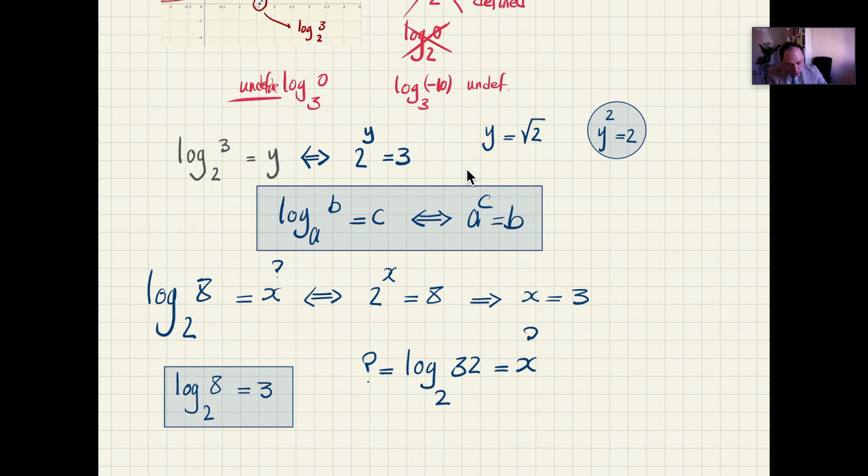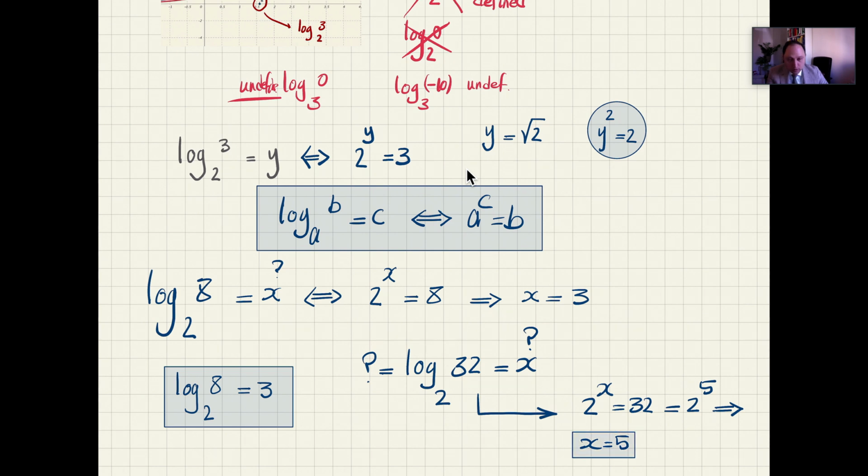I still don't know x, but I know the definition of the logarithm. This would imply that this to this power is equal to that one. So 2 to the power x is equal to 32. And hopefully you know 32 is 2 to the power 5. And then you compare these and you conclude that x is equal to 5.